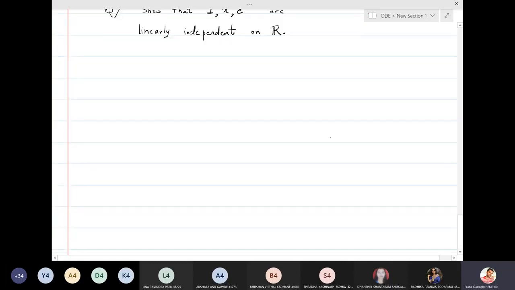You can start copying from here also. Suppose I take f1(x) equal to x square and f2(x) equal to minus x square, for all x in real numbers.